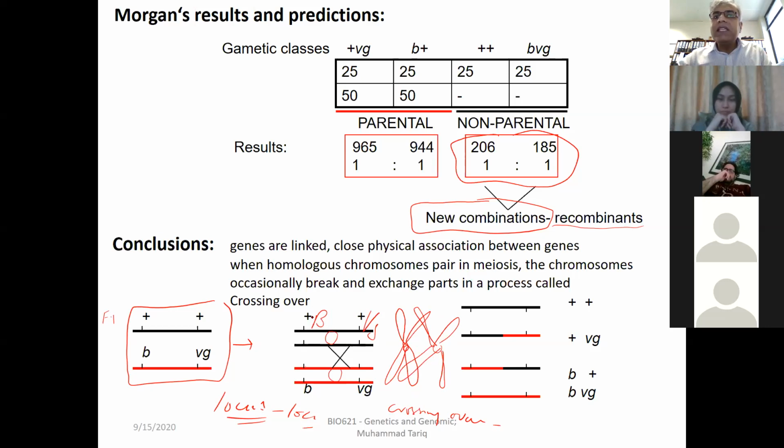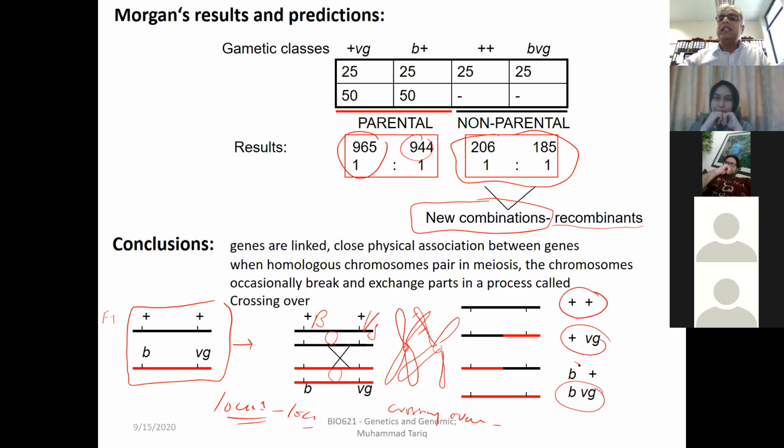So based on the distance, maybe black is there, vestigial is there, and you get 965 parentals, 944, for example, another parental, and these non-parentals combined together are 17%. Clear?